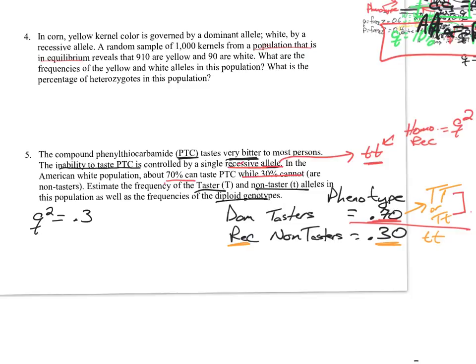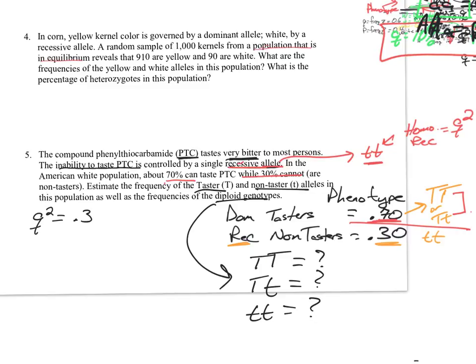So haploid would mean if they're gametes, right? Diploids are your somatic cells. So that means big T big T, big T little t, and little t little t, all three. What are those frequencies? That's what they want to know.